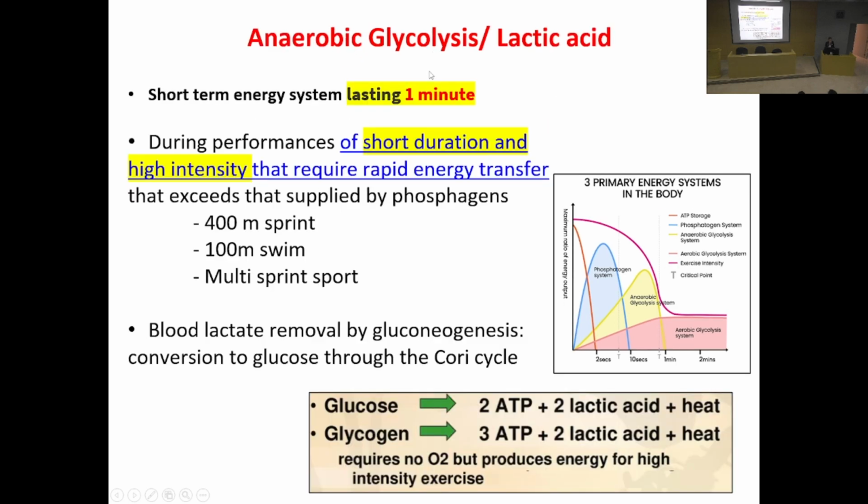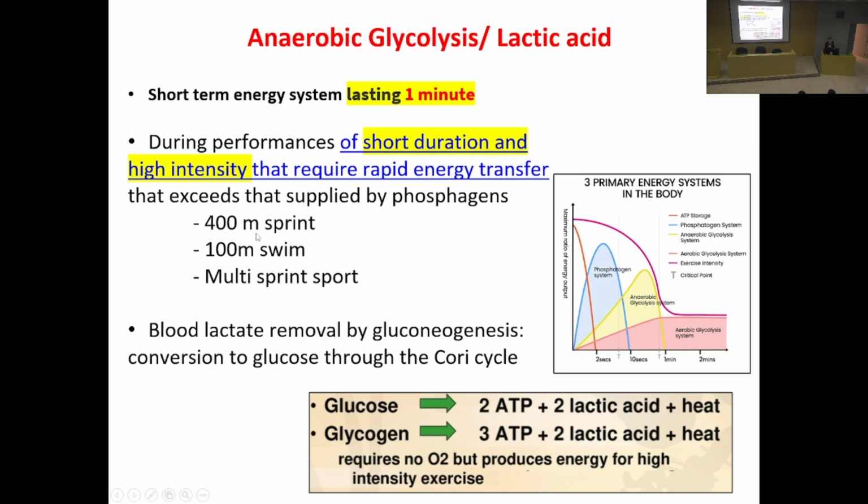The second one is the anaerobic glycolysis, which is represented here in yellow. It doesn't last more than 1 minute, and it is used when you have short duration and high intensity.